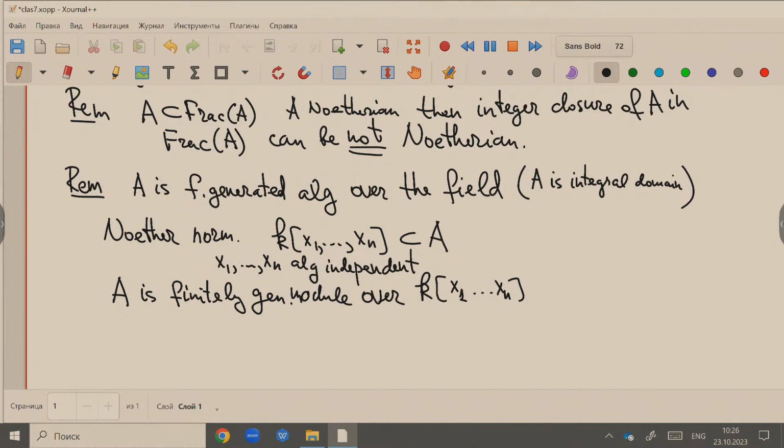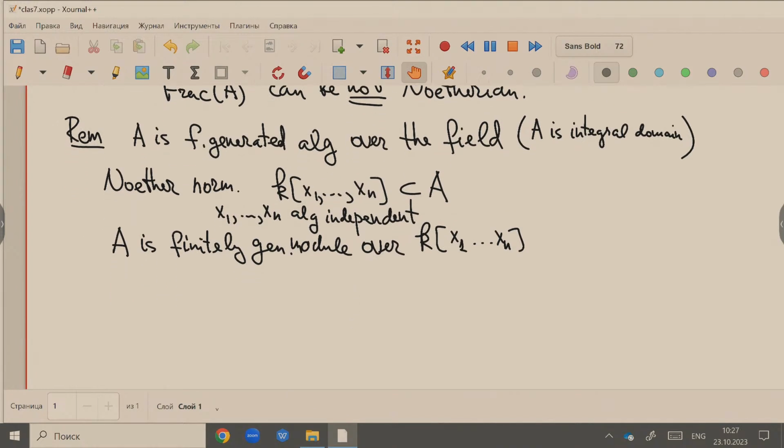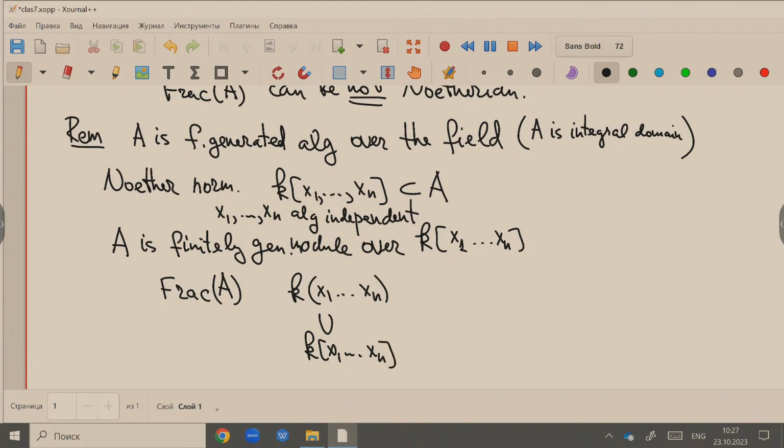And this is a finitely generated module over this subring, so we can apply our criterion. Finitely generated module means that if now you consider the fraction field of A, and the fraction field of the polynomial ring, which is the ring of rational functions, and you have A here.